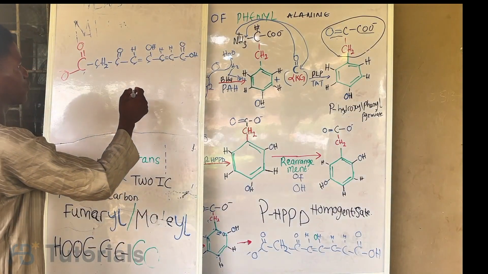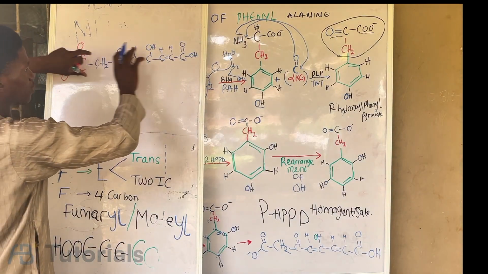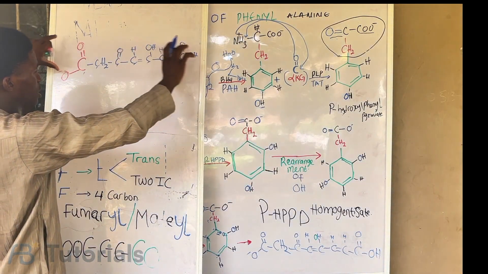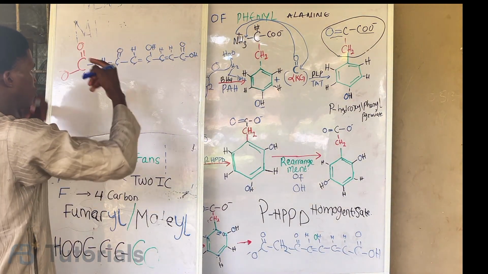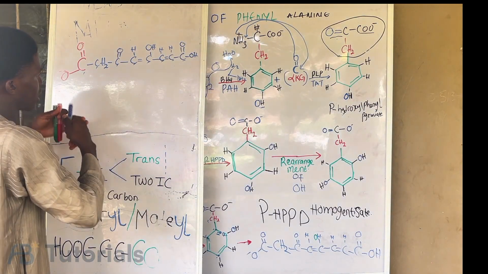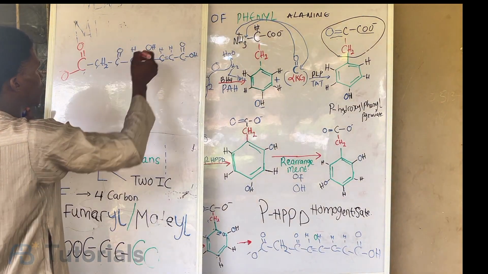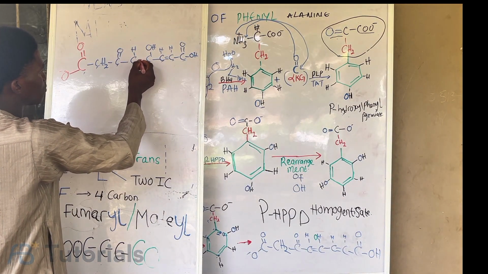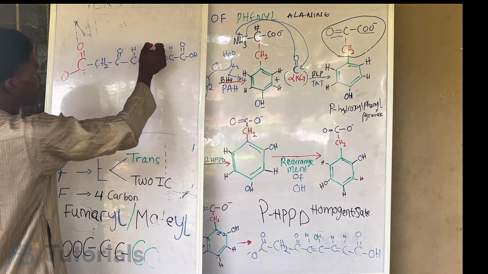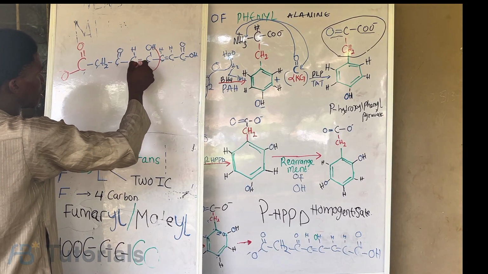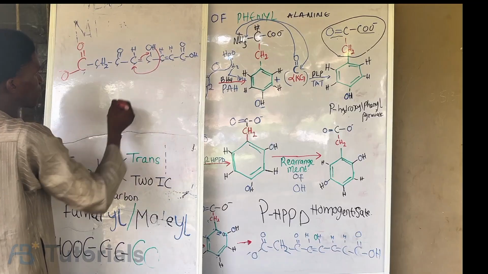So I said I'm going to do tautomerism here because we just finished breaking down the rings. So you don't expect everything to just stay like this. They are going to rearrange, which is why tautomerism is going to happen here between this double bond and this. So hydrogen is going to come here, and one of the double bonds will come here.